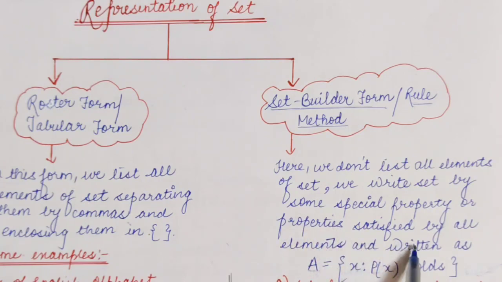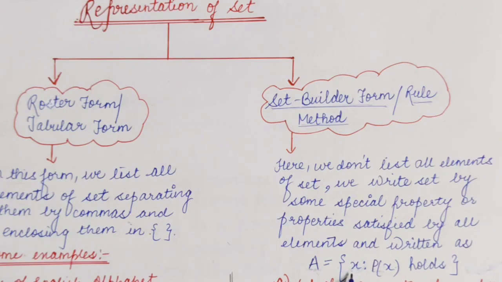Now what is the way to write it? Like I have taken a set A. I have told you earlier that for denoting sets we use capital letters. So in the same manner I have taken capital letter A. A will be equal to curly brackets x. Here x signifies elements.